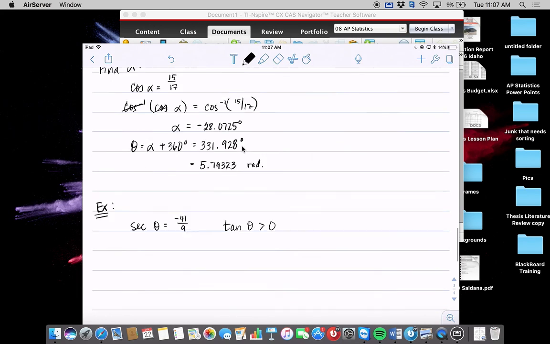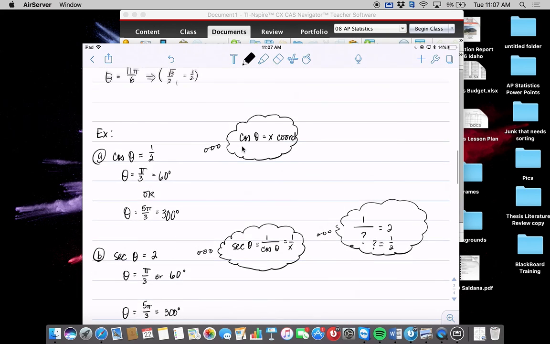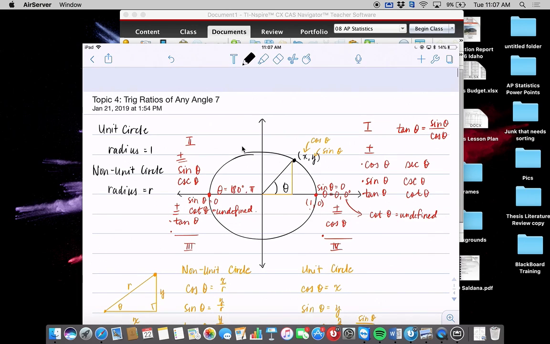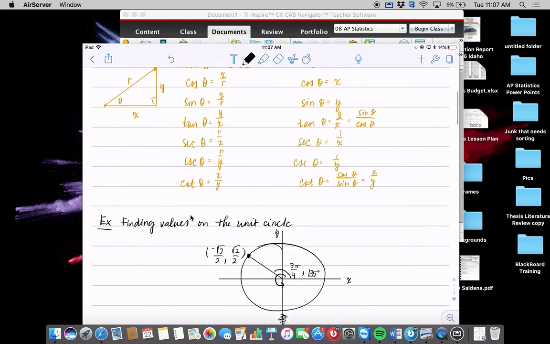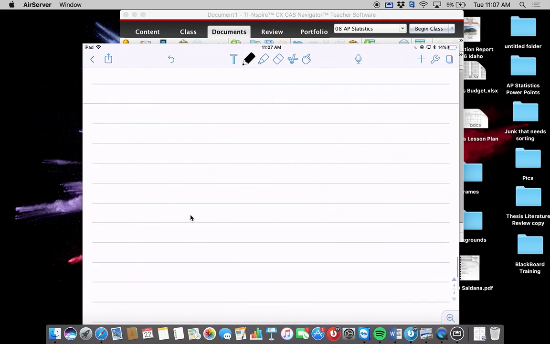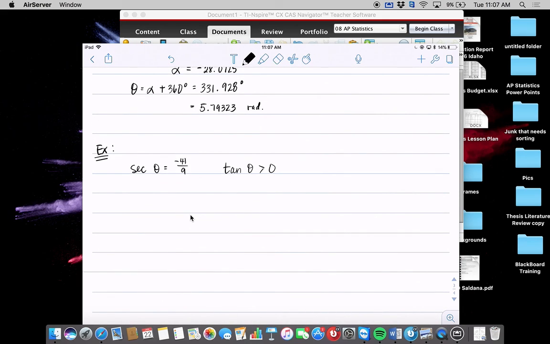From what we saw at the beginning of the lecture, tangent is only positive in certain areas. Tangent is positive in quadrant 1. Everything is positive in quadrant 1. And tangent is also positive in quadrant 3. So I know that I'm going to be working in quadrant 1 or quadrant 3.